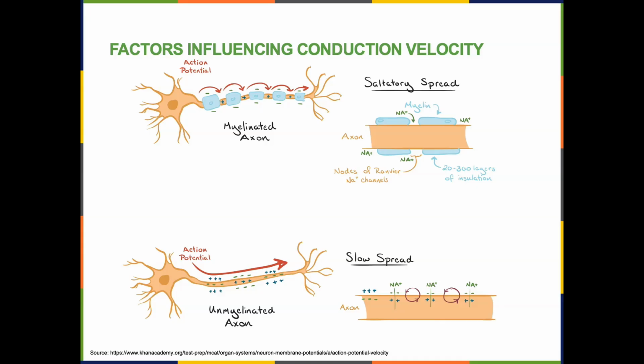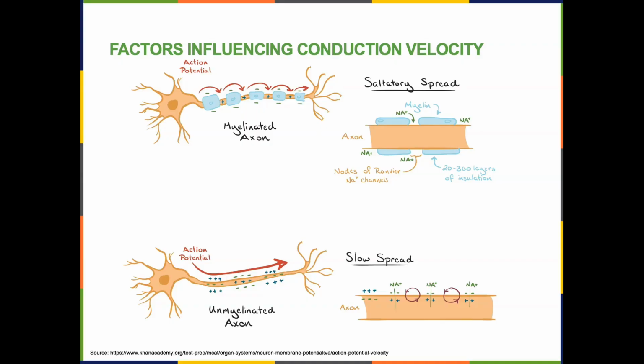On the top here, we can see the mechanism of action potential conduction by saltatory spread, where the voltage-gated sodium channels are concentrated at the nodes of Ranvier, and there will be very little leaking of sodium out of the axon at the internodes. Therefore, the action potential will jump from one node of Ranvier to the next in this mechanism of saltatory conduction.